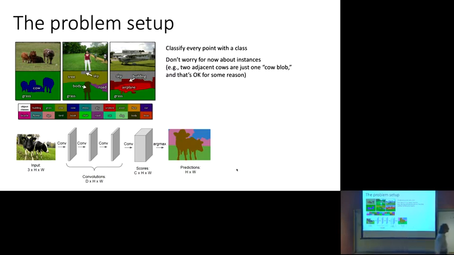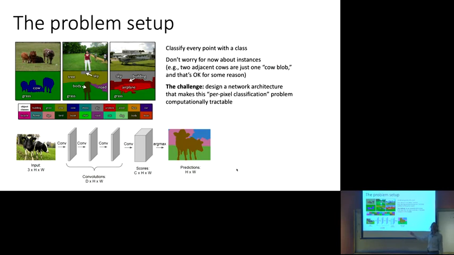This is painful for two reasons. One is there is a significant amount of computation, but you also have the problem that maybe this won't actually learn what you want it to learn. Maybe if you just train this end to end on this problem, it might not learn what you want. Why would that be?